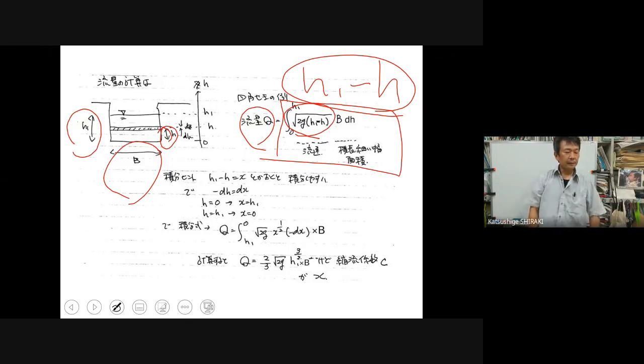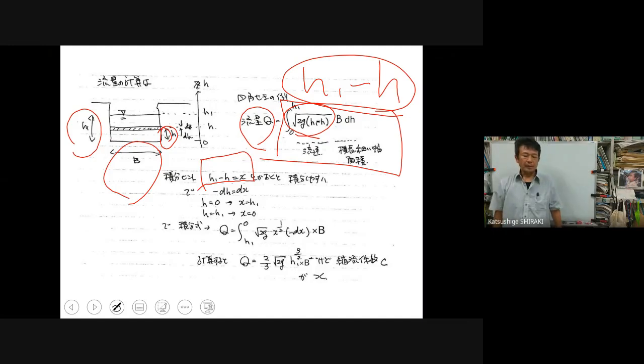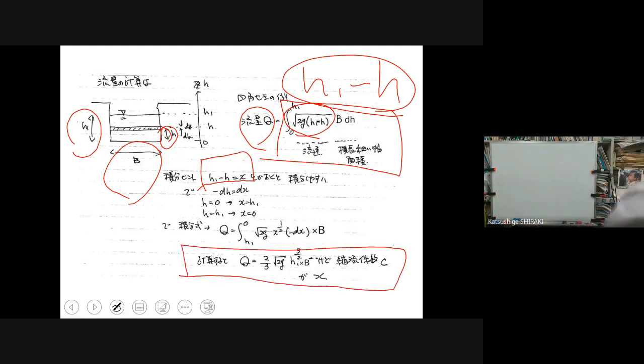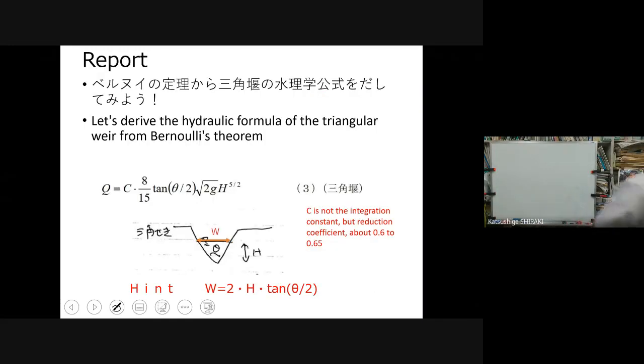The calculation method of this integral is a little bit difficult, so we have to change the parameters like this. Then we can calculate the rectangle here, h and q, height and water flow amount, like this. This is a slide from my classroom, a report.